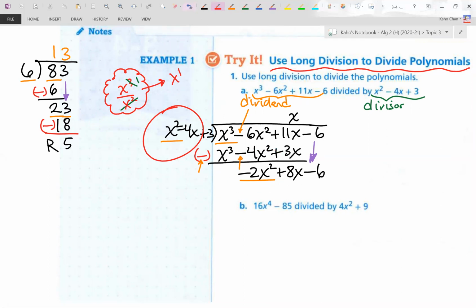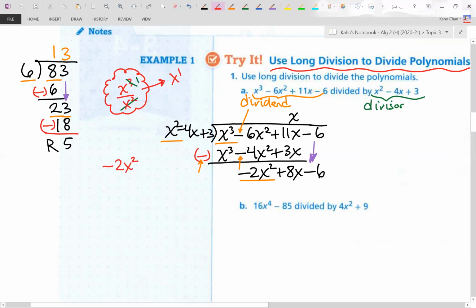Another way of looking at it is to take that term and divide by x squared. And when we do that, we will get, of course, negative 2. That negative 2 goes right here in the quotient line.